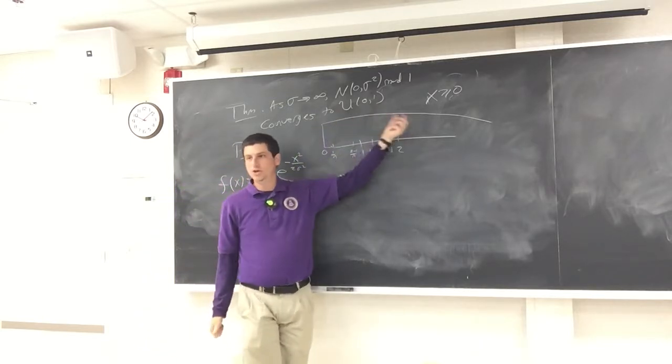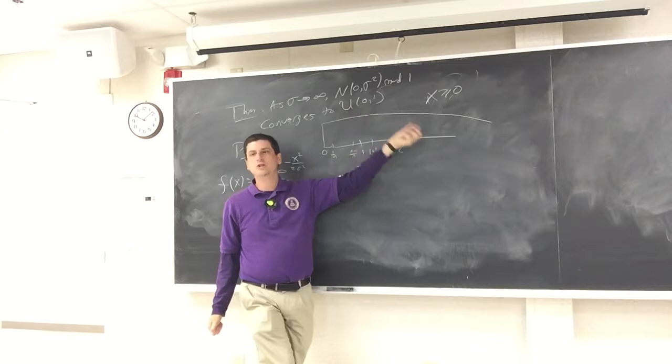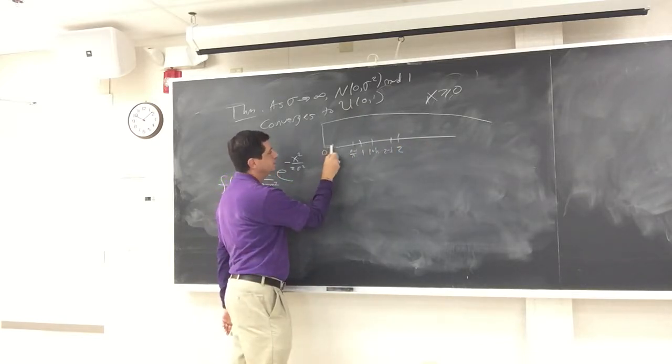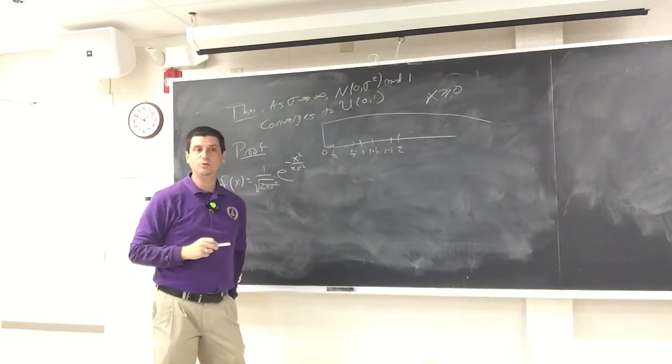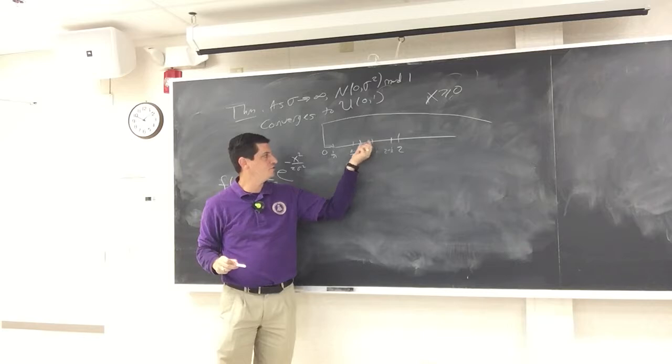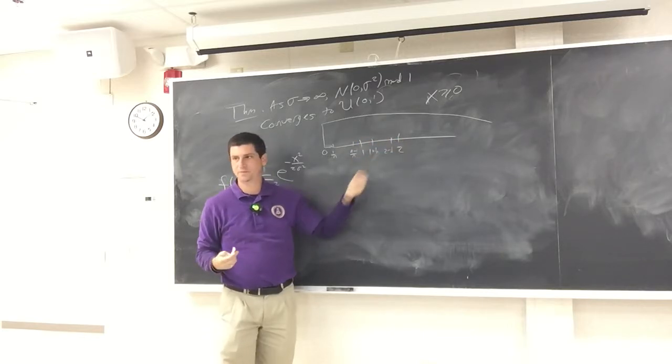If you look at the normal, it is strictly decreasing as we increase x. So if I look at the probability I'm between 0 and 1 over n mod 1, that's going to clearly beat this probability. And this is going to beat this probability.